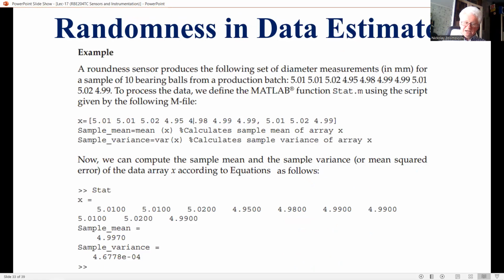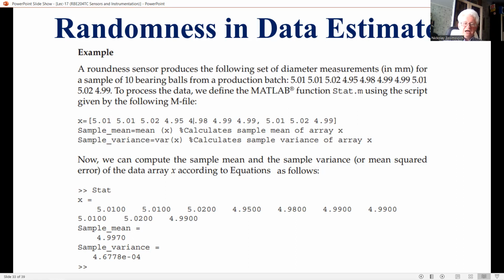It should be emphasized that the randomness is in the signal of the random process and not in the parameters that describe that random process, like the mean mu and standard deviation sigma.